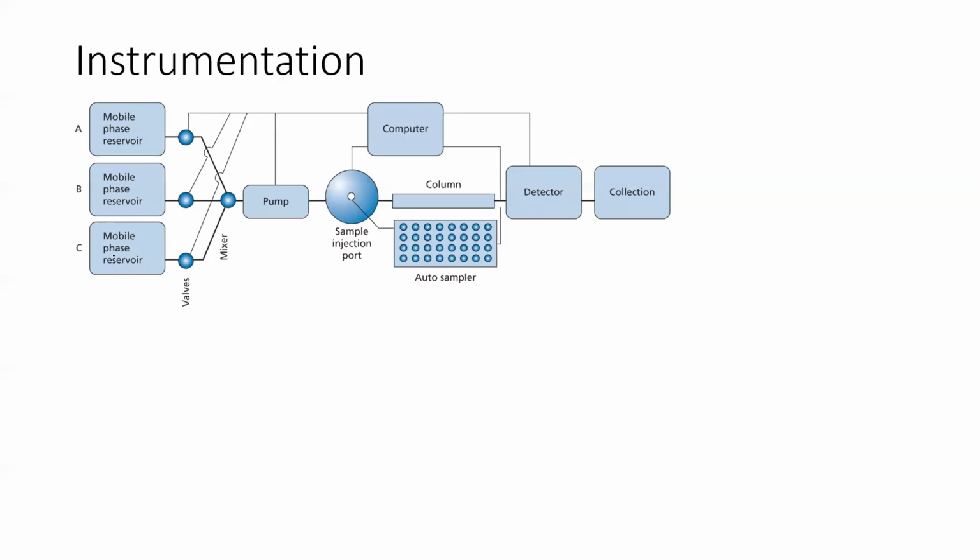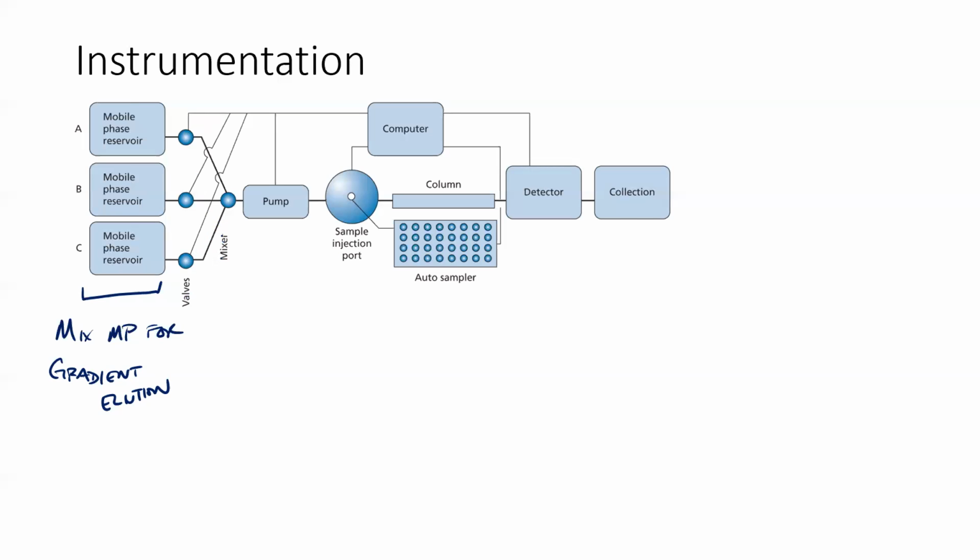In this particular example from our textbook, they have 3 options for mobile phases, right? And remember, we mix these if we're going to do some sort of gradient elution. The way that those are mixed is in these mixing valves, right?